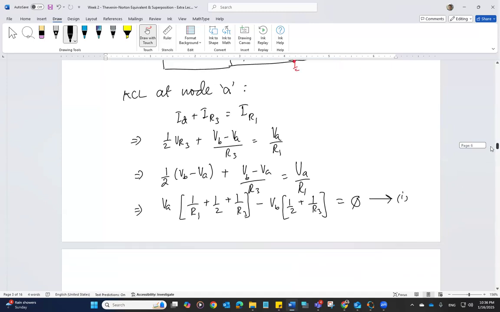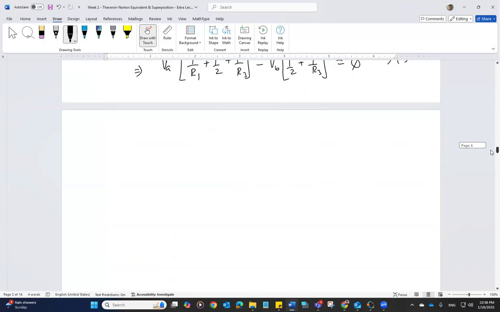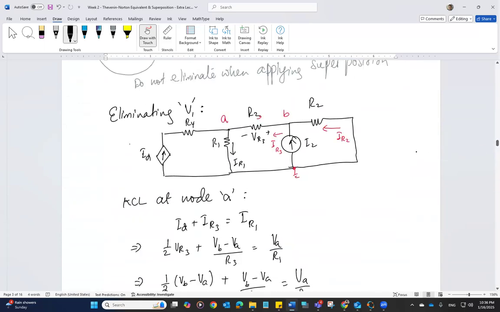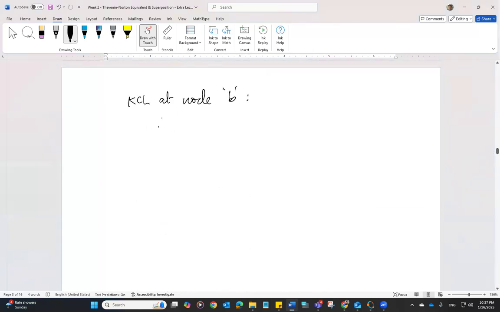Equation 2 is going to be at node B. So KCL at node B. Let's see what the KCL equation is. IR3 is going away from node B, I2 is going towards, and IR2 is going towards. So I2 plus IR2 is equal to IR3. I2, of course, we know.